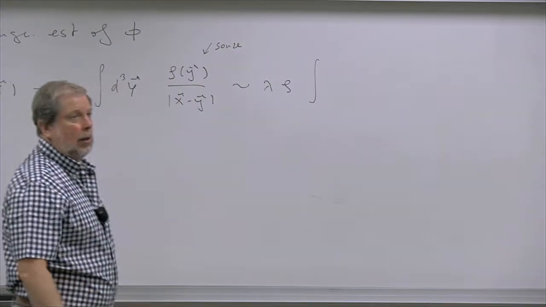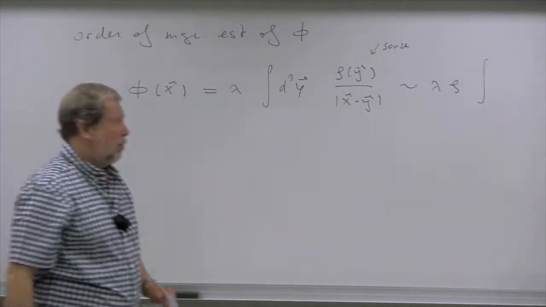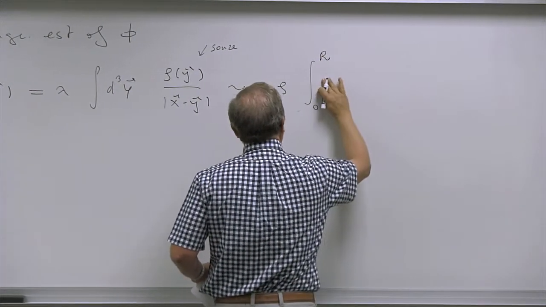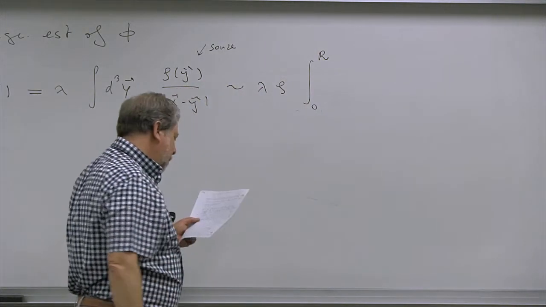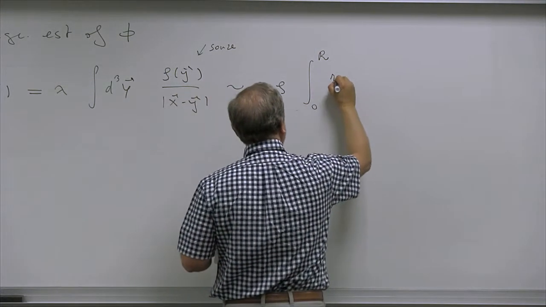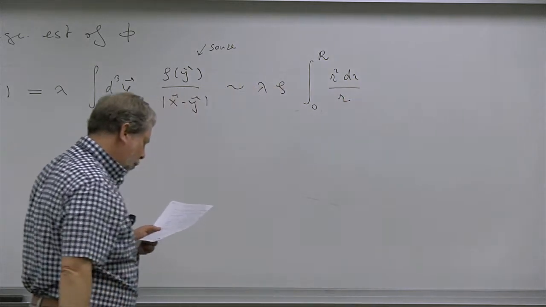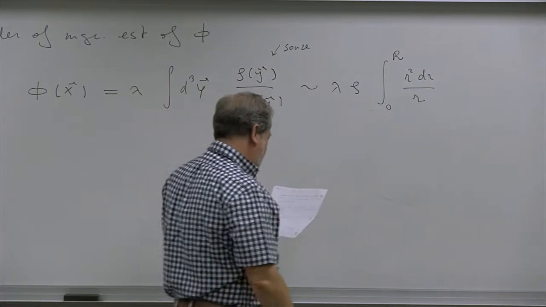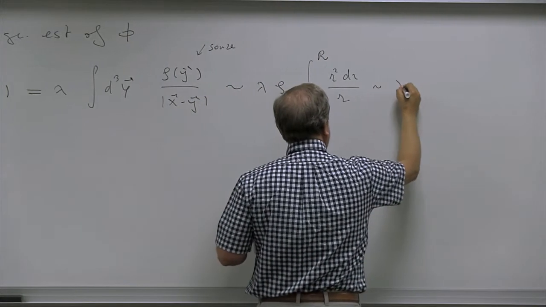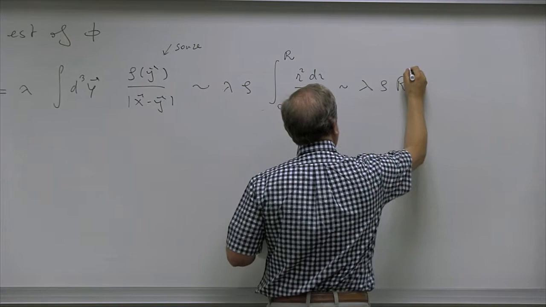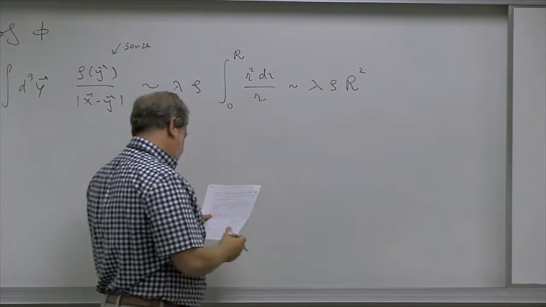We assume that things are spherically symmetric, and so we write this as an integral from 0 to some very large r of r squared dr, divided by r. This is, again, an order of magnitude estimate. So we get, up to factors of 1/2 and things like that, lambda times rho times r squared.